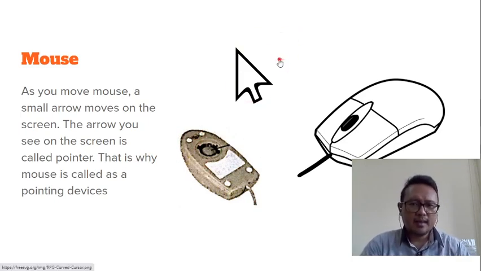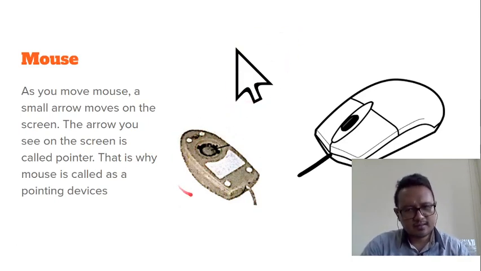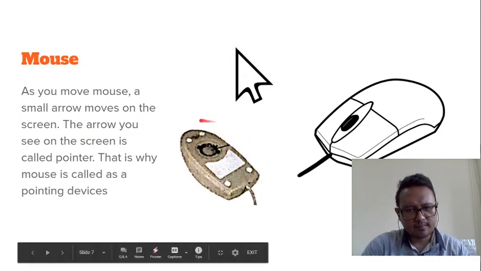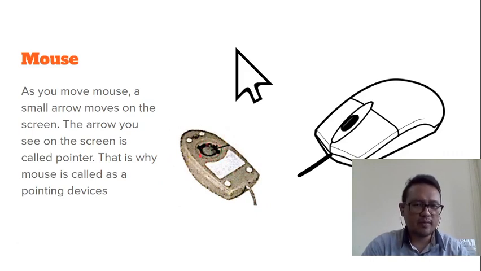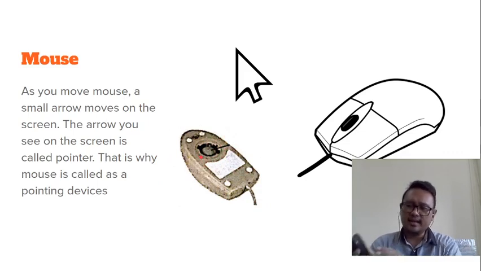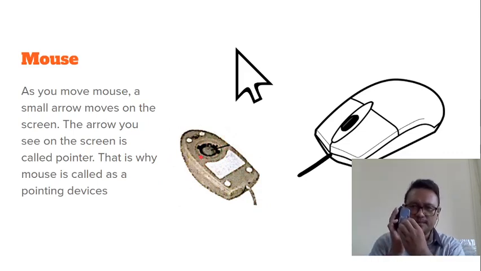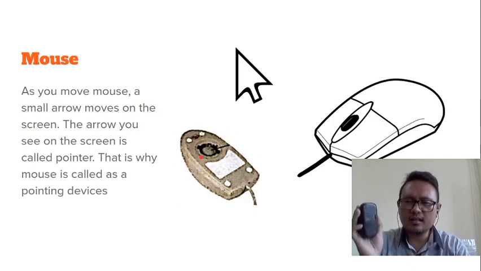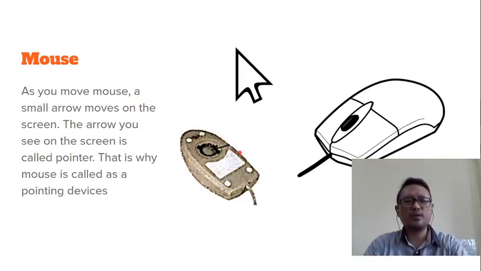Now, in this picture, you can see an old mouse, this one. It's like a rotten mouse. And it has a ball in it. Years ago, there was a mouse with a ball. So inside this mouse, there is a ball. It's quite heavy, unlike what we use these days.